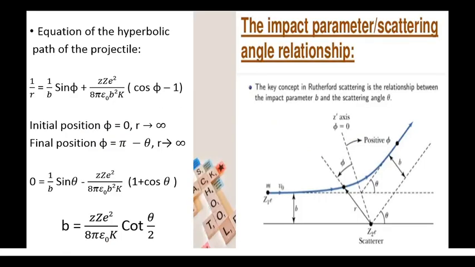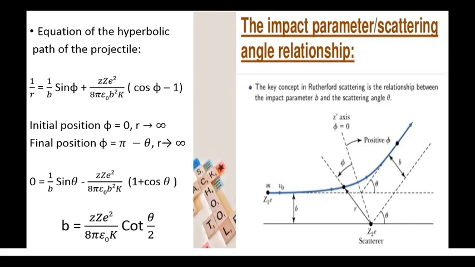We already said that the path of the alpha particle is hyperbolic, or it follows the path of a hyperbola. So with mathematical support, we can write the equation of the hyperbolic path of a projectile as 1/r = 1/(b sin phi) + (Z z e²)/(8π ε0 b² K) (cos phi − 1).